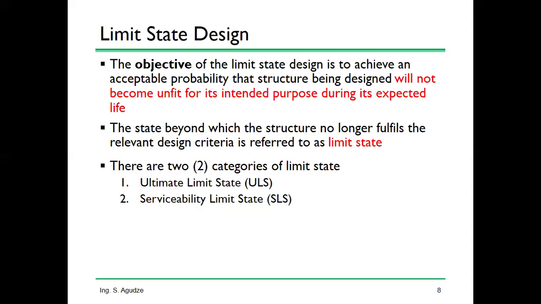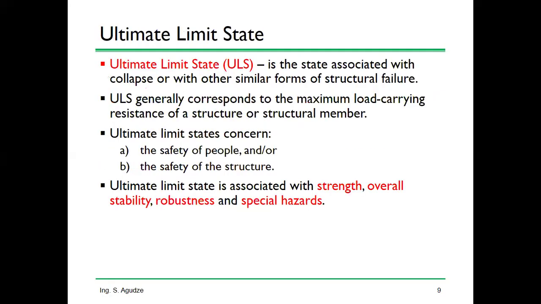So basically, the state beyond which the structure no longer fulfills the relevant design criteria is referred to as limit state. So as we have learned already, there are two limit states: ultimate limit state and then serviceability limit state. Because we've done this, I won't spend my time here.